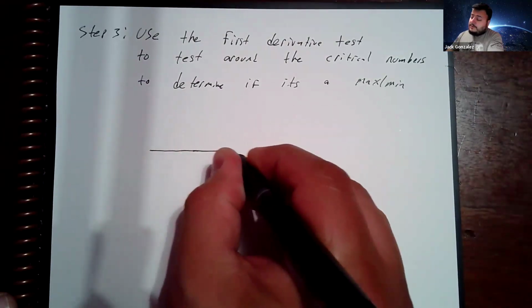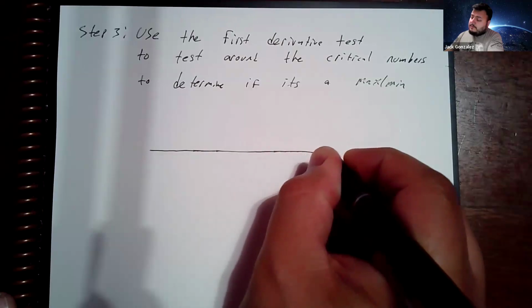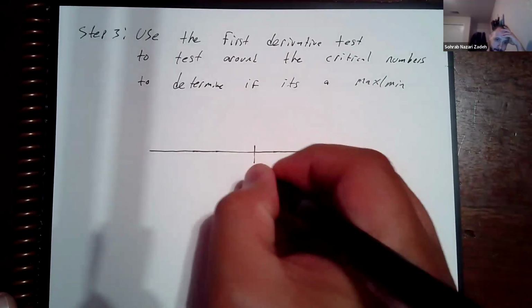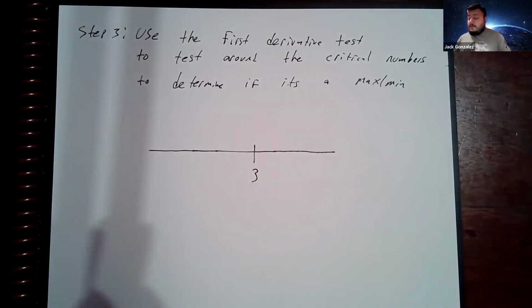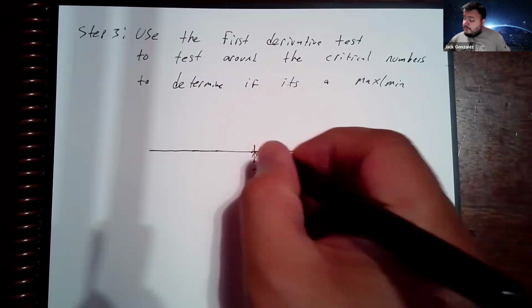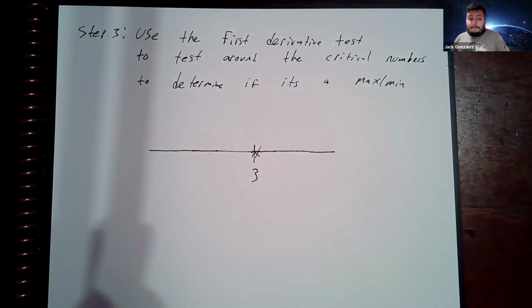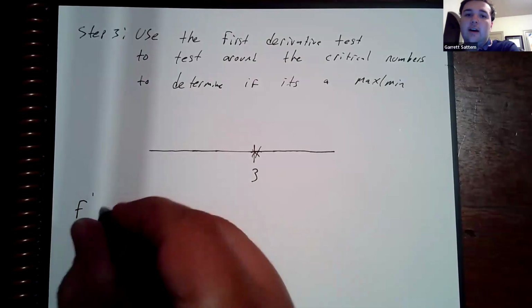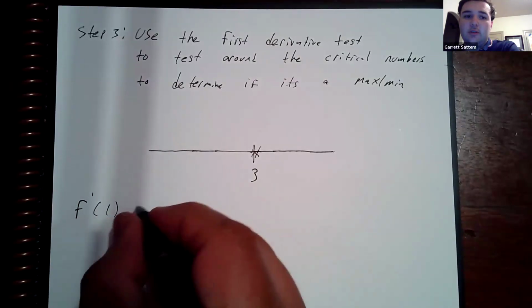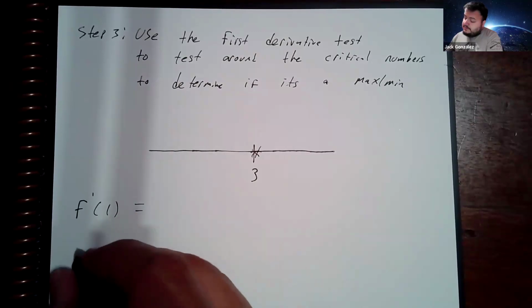Our critical number was 3, right? Yes, sir. Okay, so pick any number before the critical number, any number after. Let's go with 1 and 5. Do those work? Yeah, as long as it's not 3, we're good.